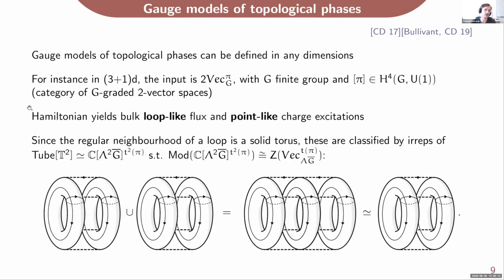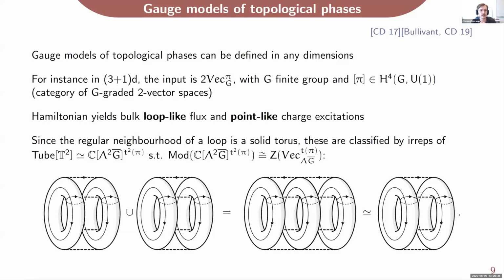And these Hamiltonian models in 3+1D yield not only point-like excitations like in 2+1D, but loop-like fluxes and point-like charge excitations. And now what we want to do is essentially to classify the most general kind of loop-like excitation, and we are going to use the tube algebra approach again.